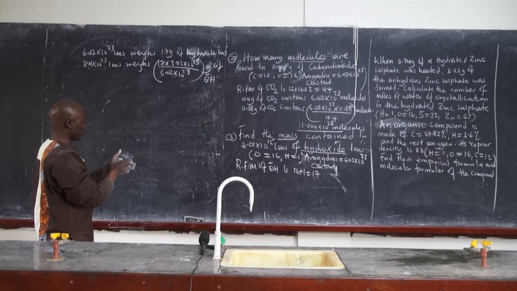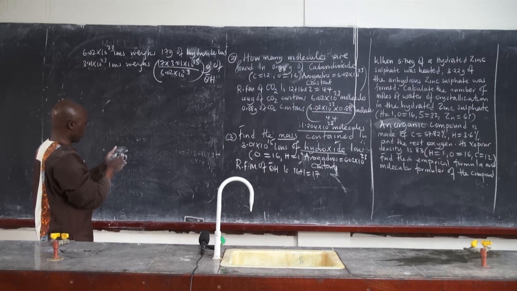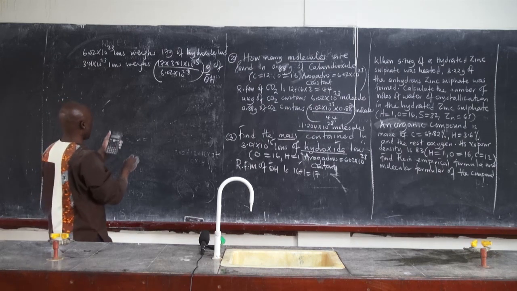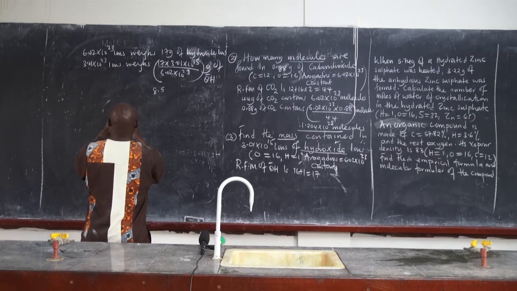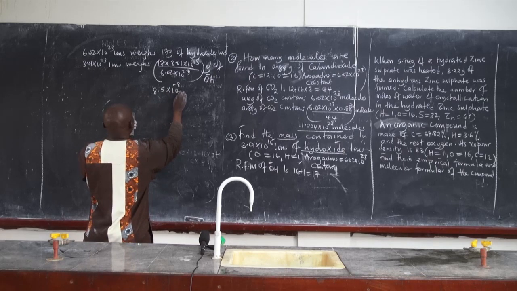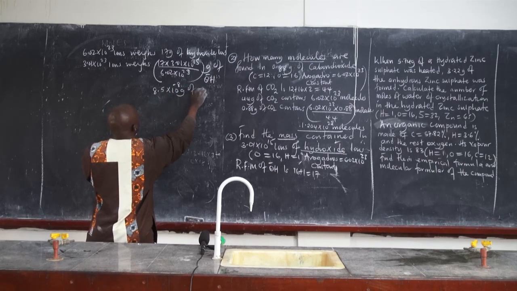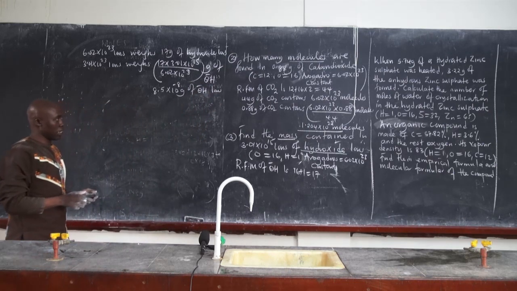So let me adjust that one. That's 15 there. That gives us 8.5 times 10 power negative 8 grams of OH ions, hydroxide ions. That's how you answer that.